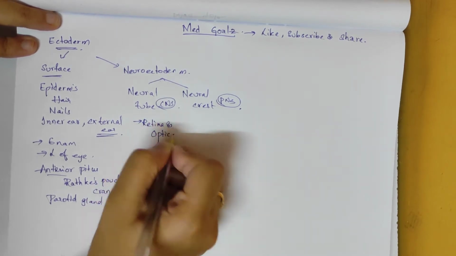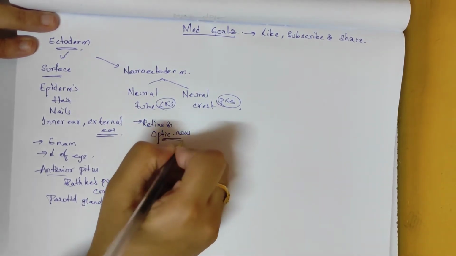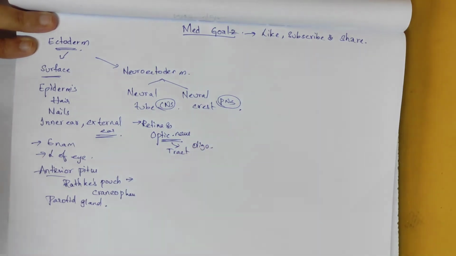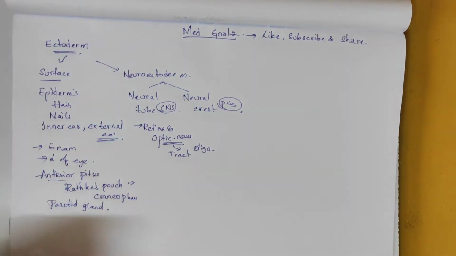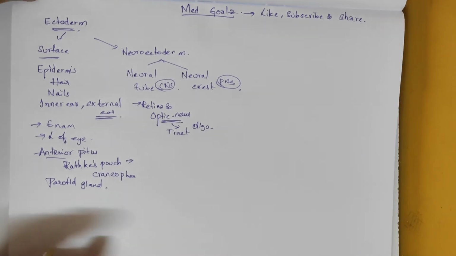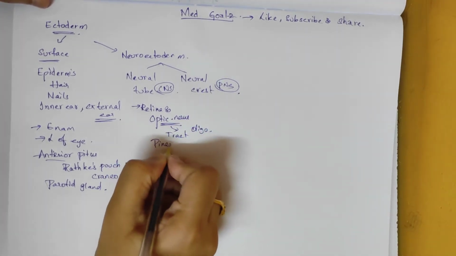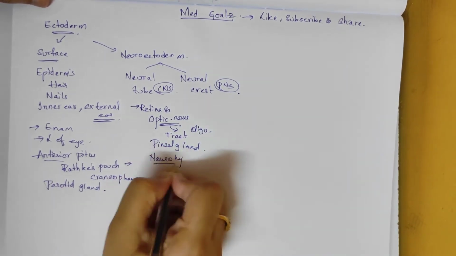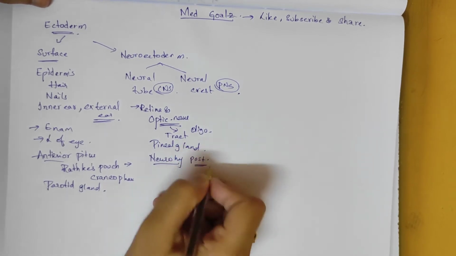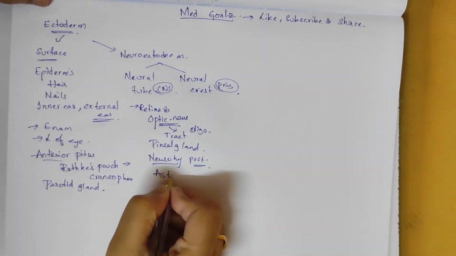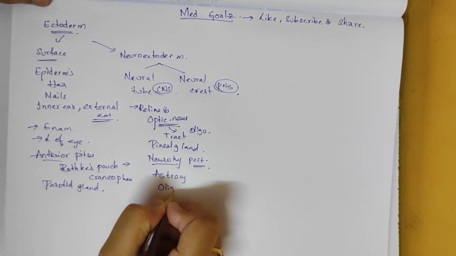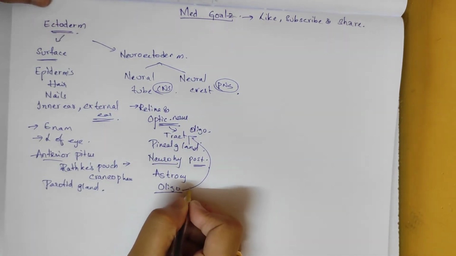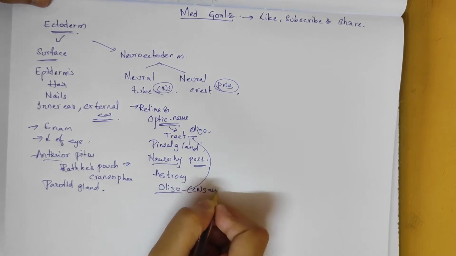This optic nerve is special because it is not a nerve, it is a tract, since it is surrounded completely by oligodendrocytes. So remember that. And again, pineal gland, and also neurohypophysis, that is posterior pituitary. And next one is astrocytes and oligodendrocytes, as I told you in the optic nerve. Oligodendrocytes myelinate the CNS.